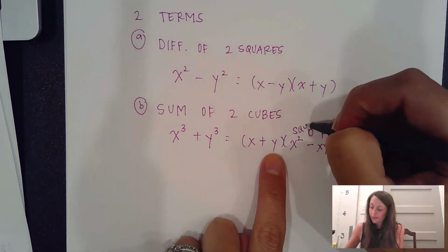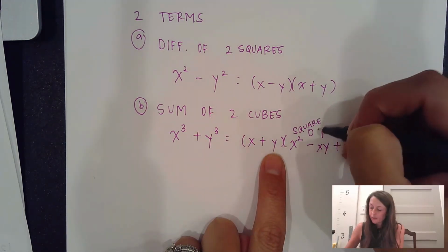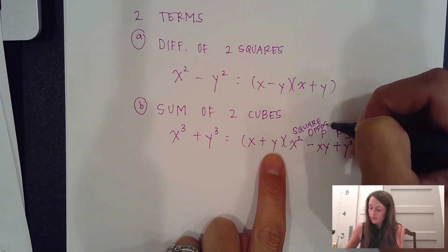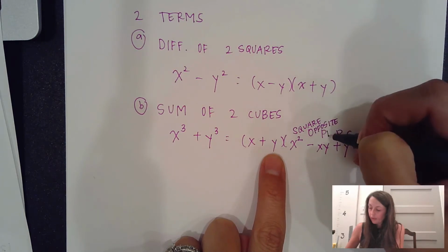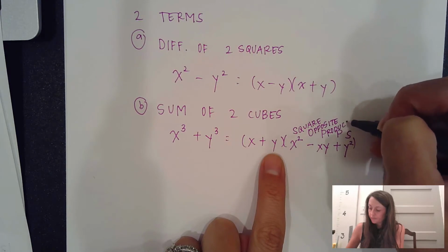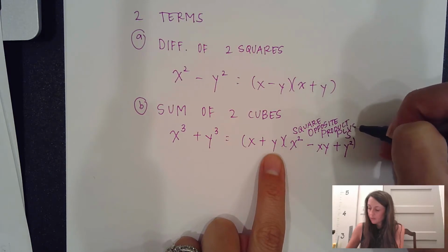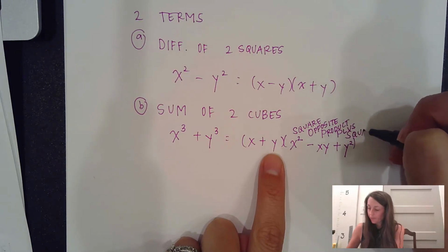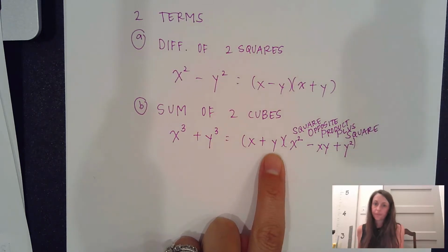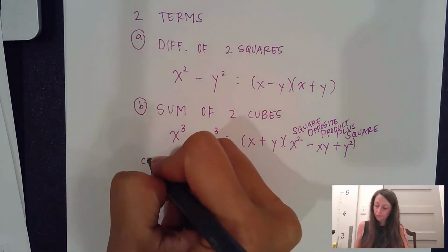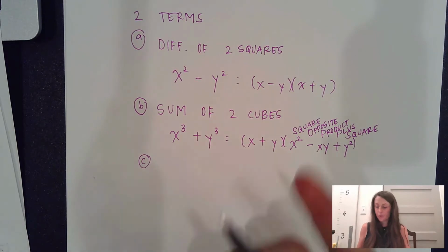So it's square, opposite, product, plus always, and a square. You can also have a difference of two cubes.